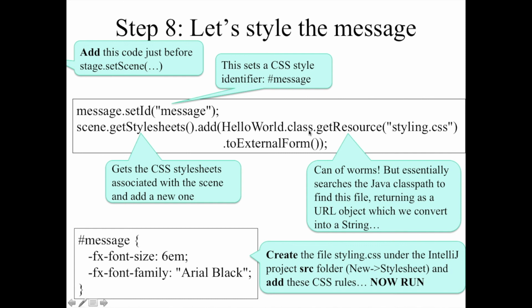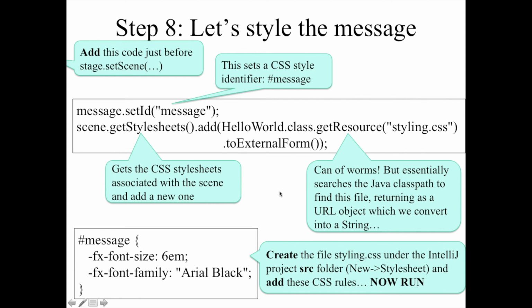And to add it, we use a bit of Java reflection code here. So this little bit of syntax here gives us the class object that represents our class, and then we can call this getResource method, which uses the Java class path to search for this file here, styling.css, as a resource, which we then turn into string form, which gets added to our set of style sheets.